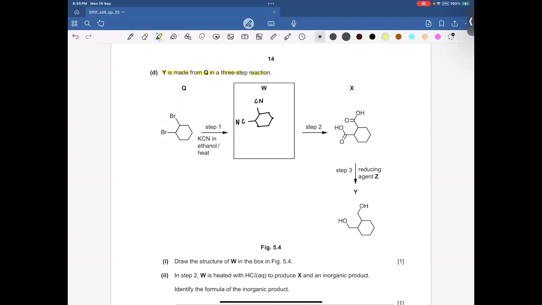Now what's next is this CN is converted into COOH, which means in step 2, I'm going to use acid in the presence of water as a reagent. Condition is reflux, and the type of reaction is acid hydrolysis.